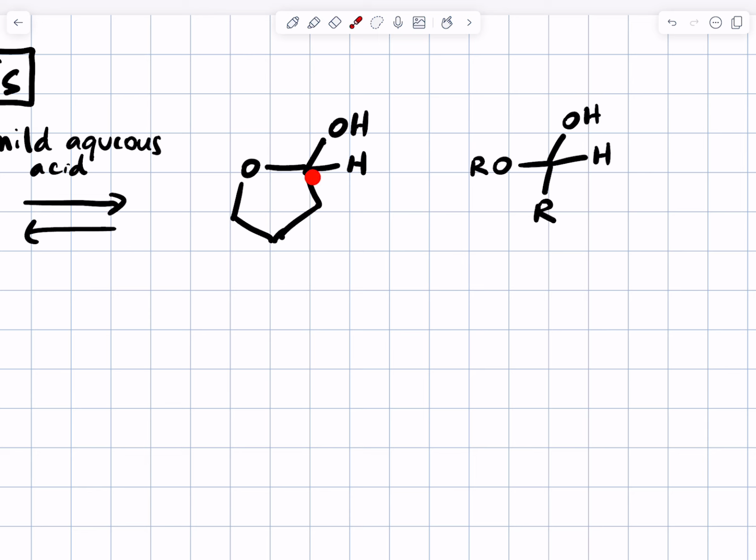This is different, and you can see the difference is that the carbon that has the OH group is itself attached to an OR group. All right, that's the structural pattern for hemiacetals. And you need to be aware of that, and you need to be confident enough in that understanding that you can temporarily ignore the fact that the purple group here is connected over there.